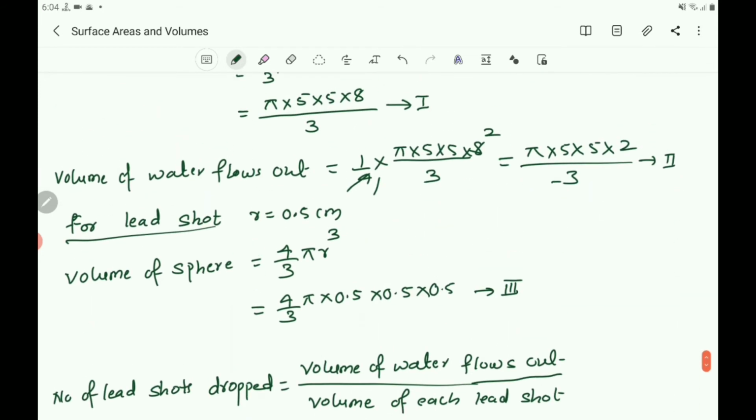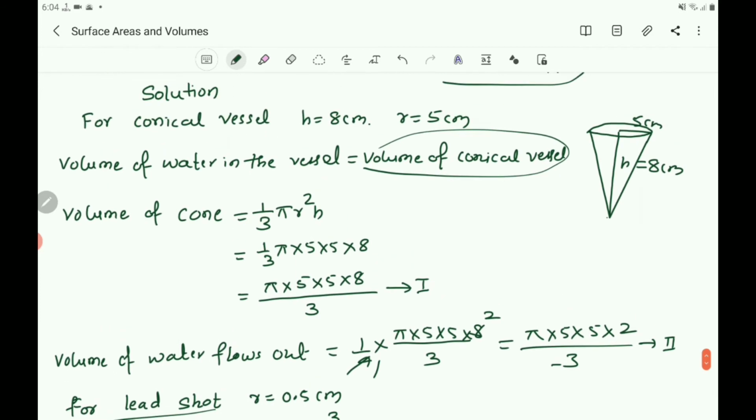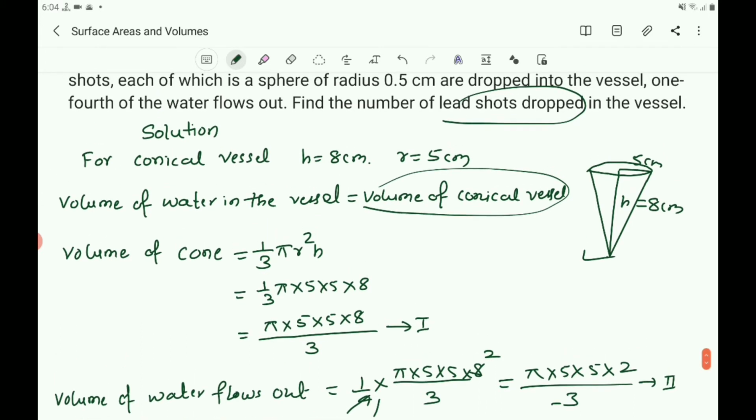So in the vessel containing the water, 100 lead shots are dropped, and 1/4 of the volume which is in the vessel comes out.